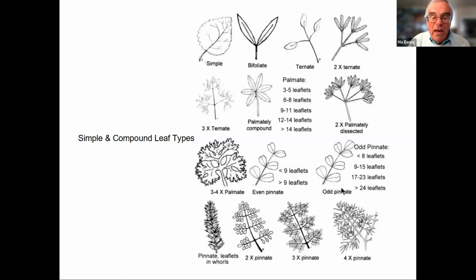And palmate means that there are 3 or more leaflets that come out of the tip of the petiole. So this comes out on either side, and these come out all from the tip. There could be 3 of these, or 5, and we'll see some good examples of palmate leaves.